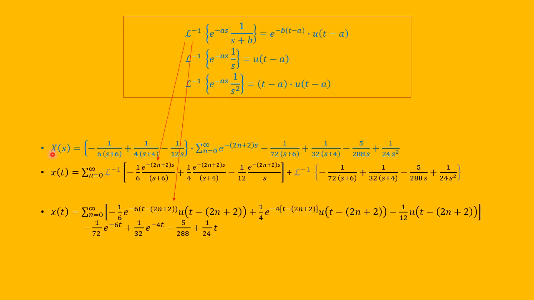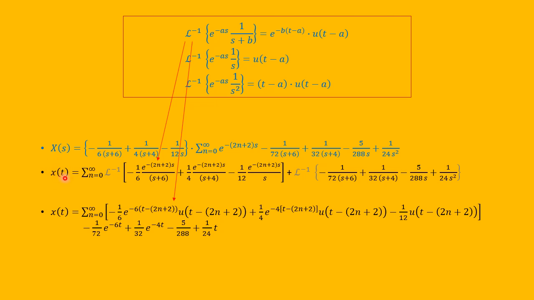So we have seen that capital X of s is equal to this stuff times this sum minus these four terms. What we would like to do is to find the inverse Laplace transform of capital X sub s, which will be x of t, our solution to the initial value problem.